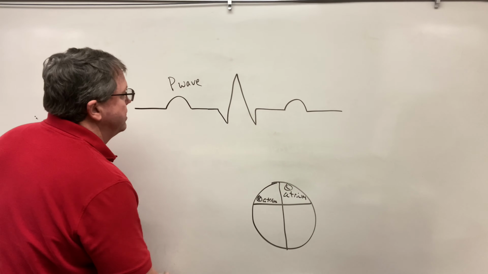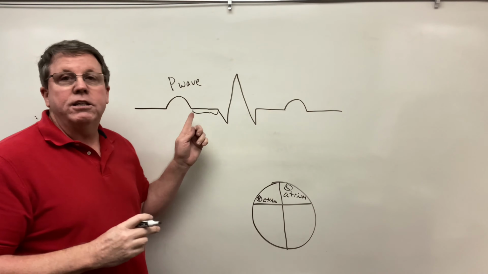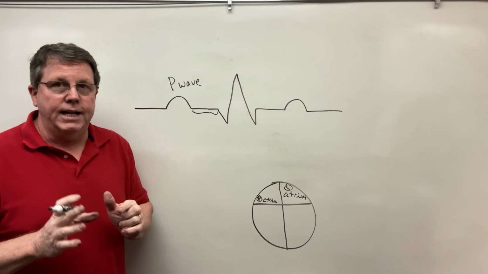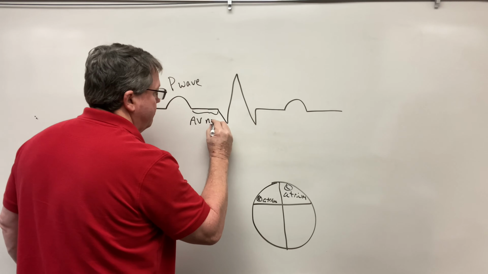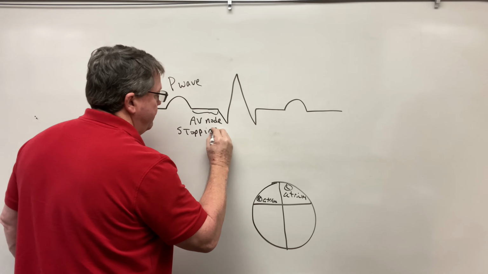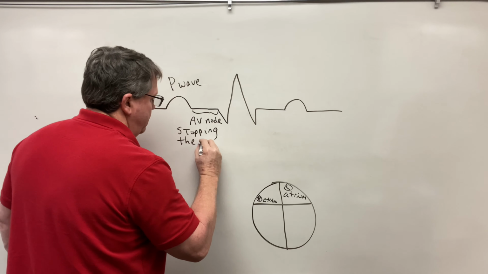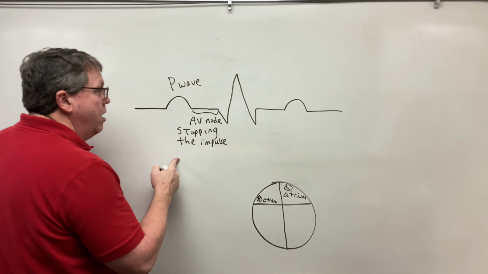And if you notice now, right here, this is a flat line. So basically no electricity is being conducted at this time. This is due to the AV node. The AV node is stopping the impulse. Okay? So basically, let me write it right here.